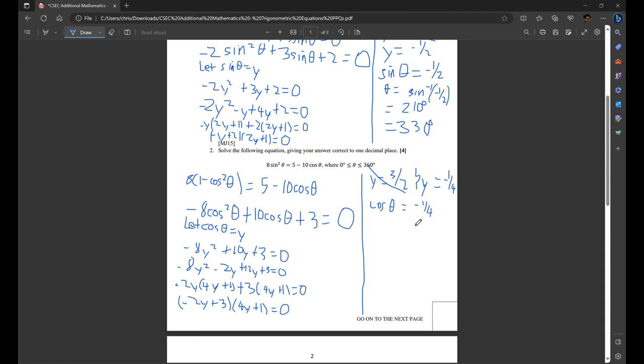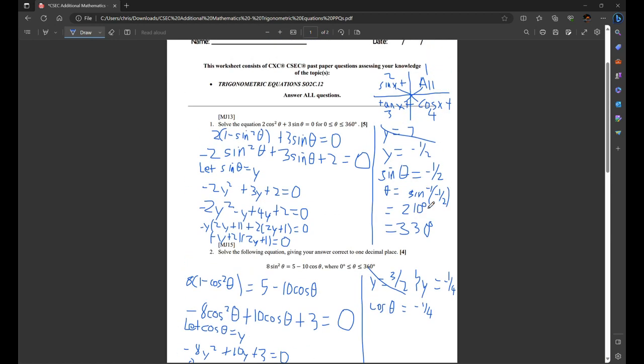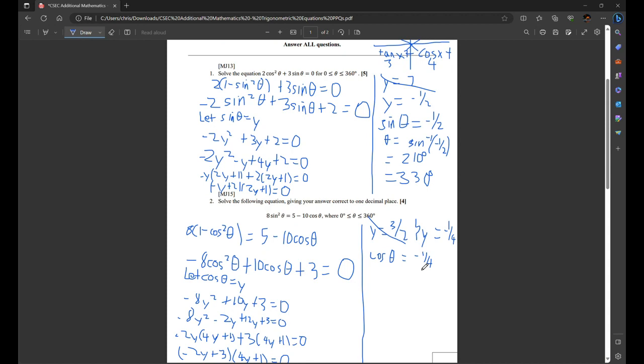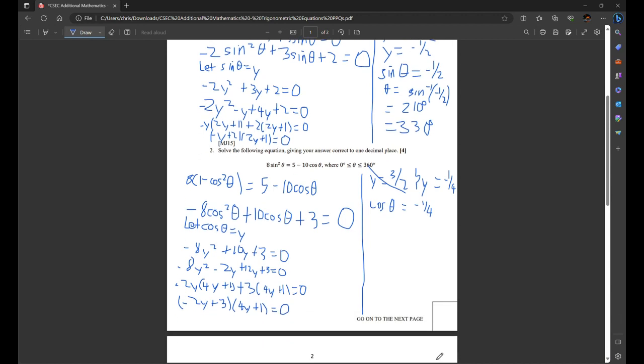And then this one, again, we're going to do the same thing, but I'm going to actually work this one a little bit differently. The reason why I worked this one up here like this is because we should know that when you have sine of 30 degrees, that's a half, because that's one of the angles that CSEC requires you to know. But here, this is a quarter, so we don't actually know how to work this out.